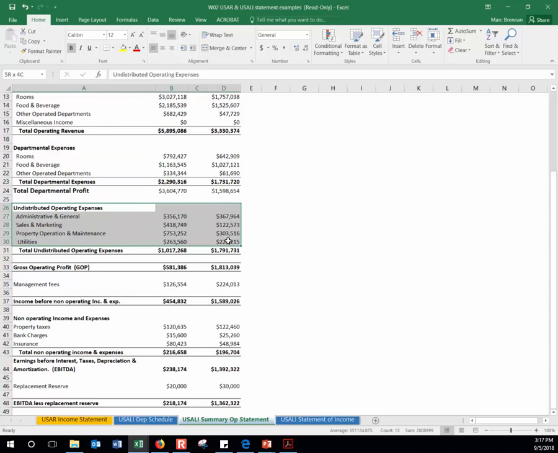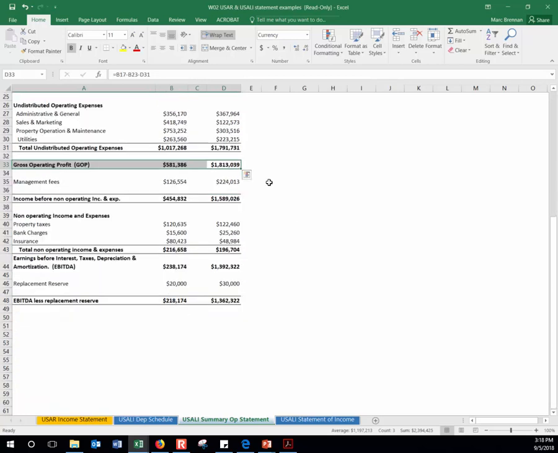Your other undistributed operating expenses, so your administrative and general, sales team, how do you tell your restaurant how much is being distributed to them? You can't. It's very hard. Any operation and maintenance for the whole company or utility costs. So your total departmental profit minus your undistributed expenses would give your GOP, your gross operating profit.